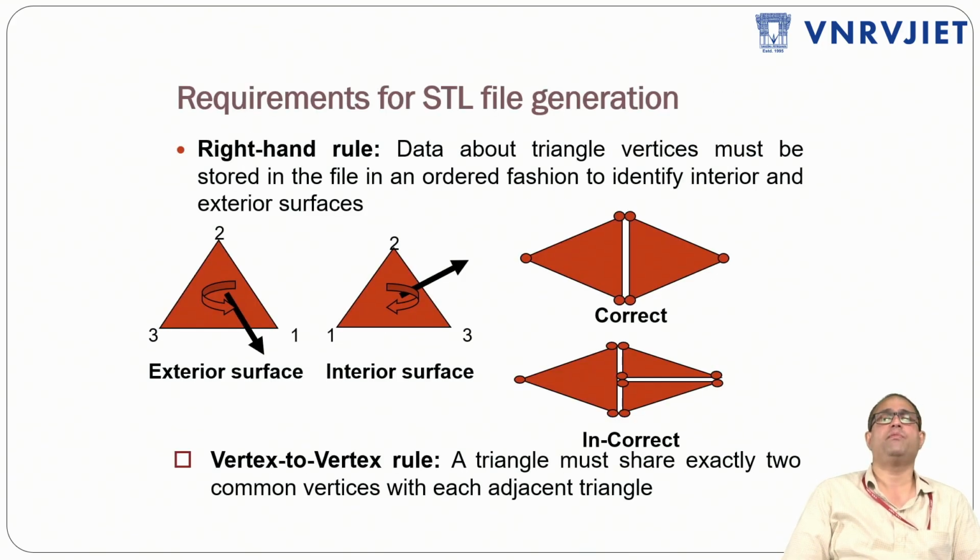Now, what are the requirements to generate an STL file? They are the vertex-to-vertex rule and the right-hand rule. The data about the triangle vertices must be stored in the file so as to identify interior and exterior surfaces. That is the main purpose of the right-hand rule. The vertex rule is that a triangle must share exactly two common vertices with each adjacent triangle.